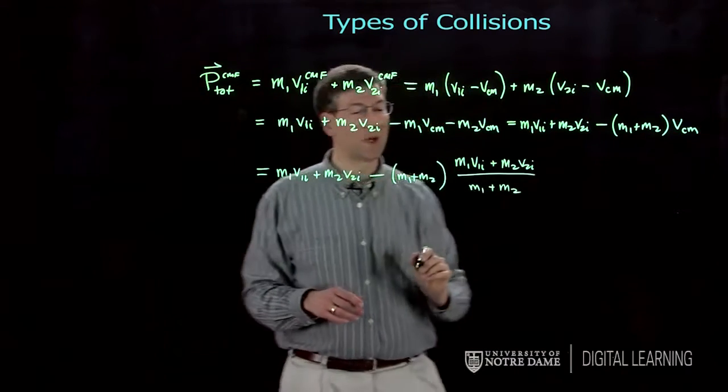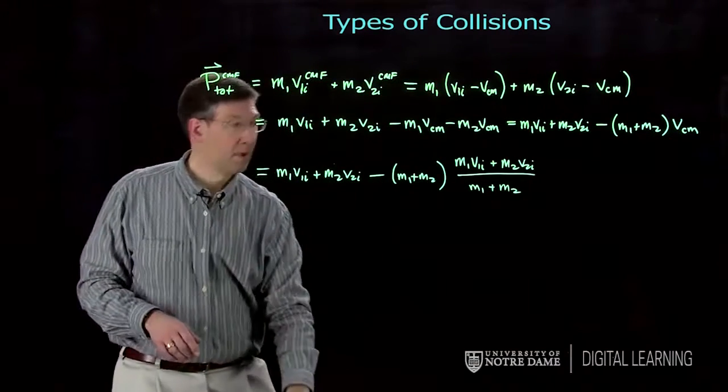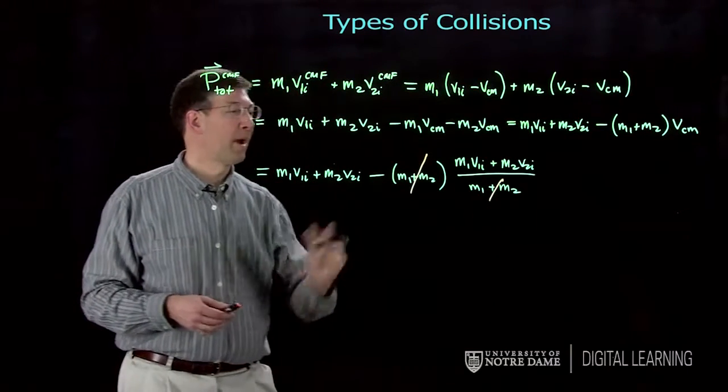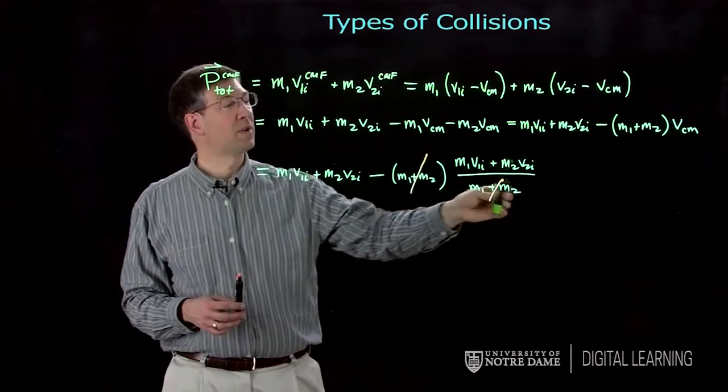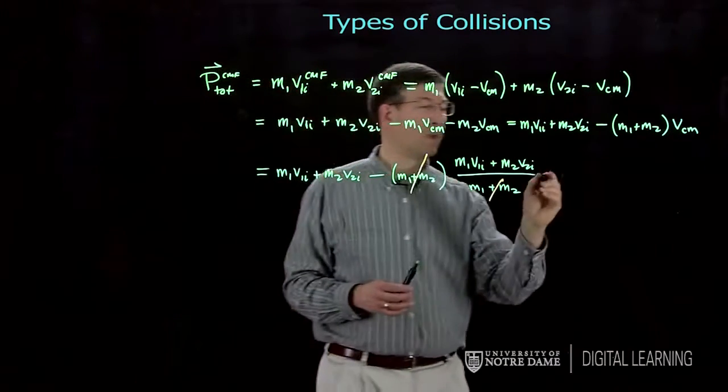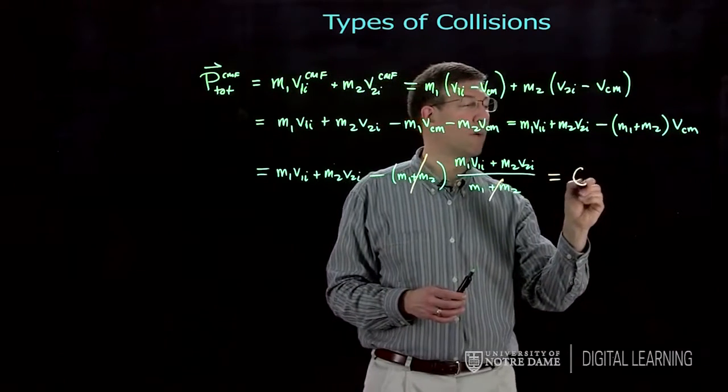So now if we look at this expression, this sum of masses here cancels this sum of masses here, but I have a minus sign. And both of these terms are opposite then to these terms here. So the total momentum in the center of mass frame is equal to 0.